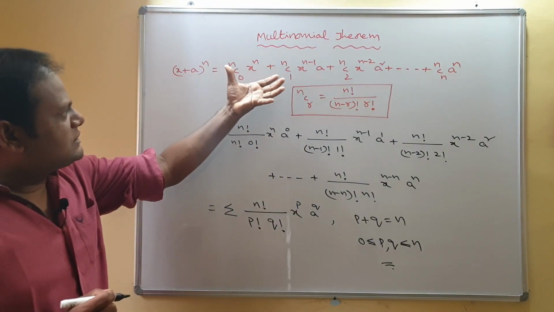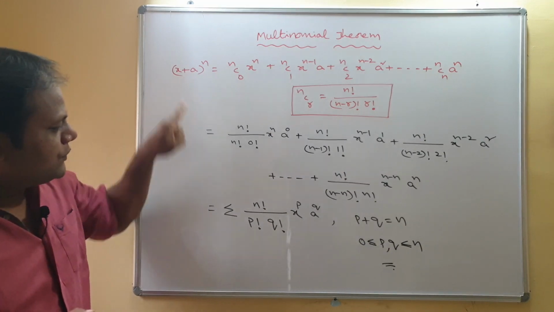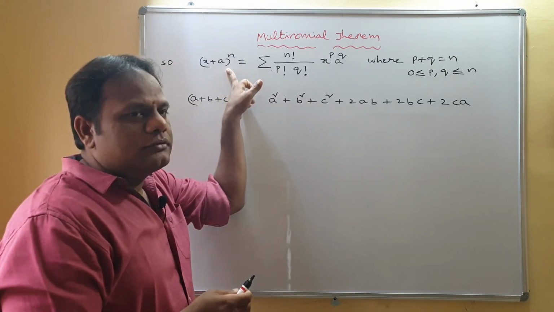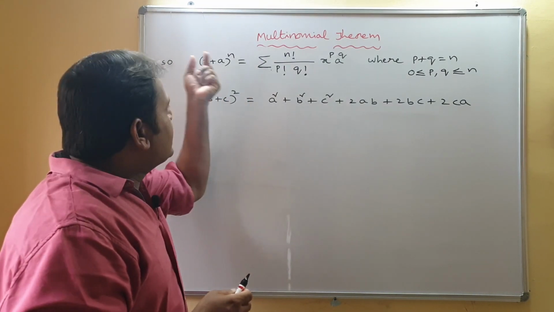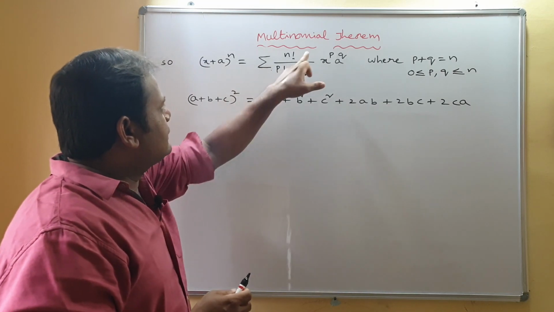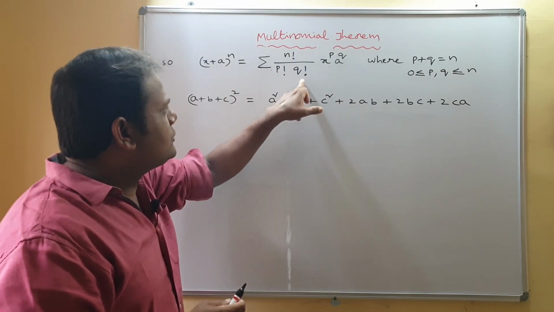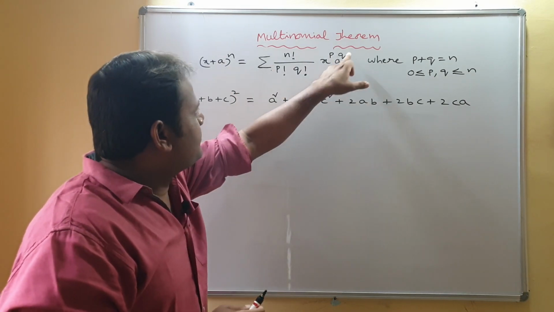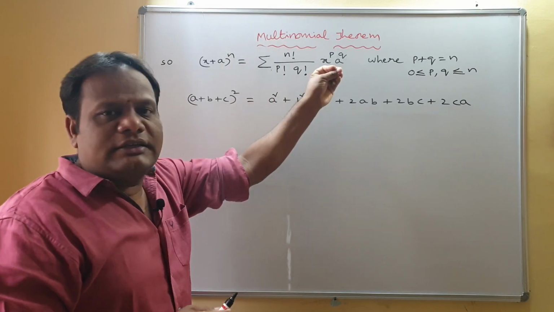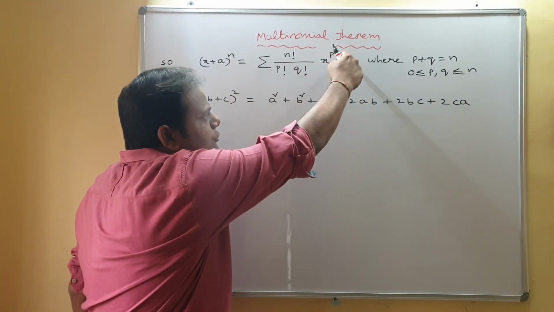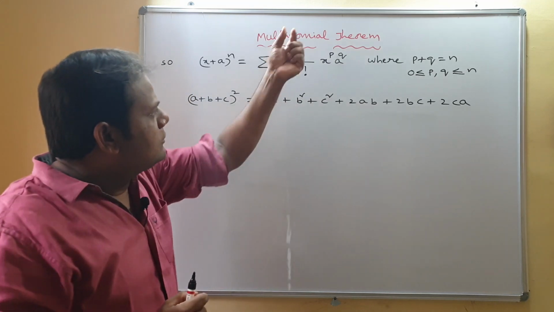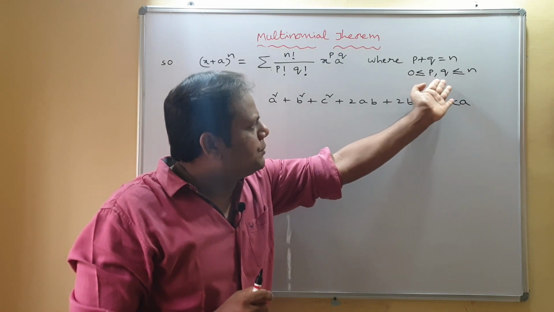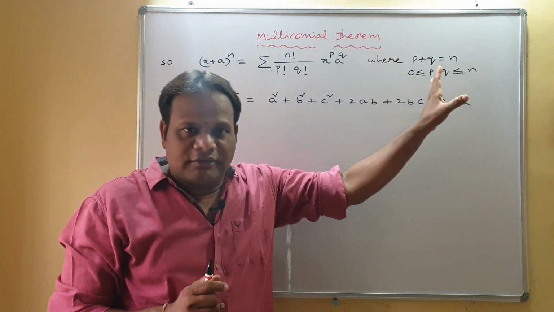So I can express the binomial theorem like this: (x + a)^n equals sigma n factorial by p factorial q factorial into x power p a power q, where p plus q must be equal to n and 0 ≤ p, q ≤ n.